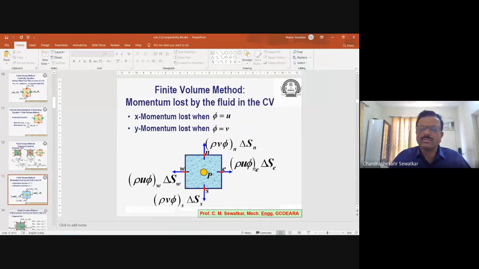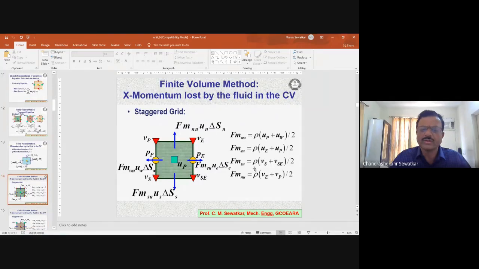We tried to develop the discretized form of the convection term by considering x momentum loss and y momentum loss through various phases of the control volume. And for that, of course, to calculate the x momentum loss by the fluid in the control volume, we considered the U control volume, and we wrote down the expressions for the mass fluxes occurring across each of the phases of a U control volume.